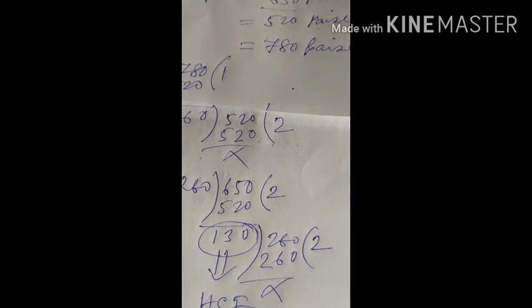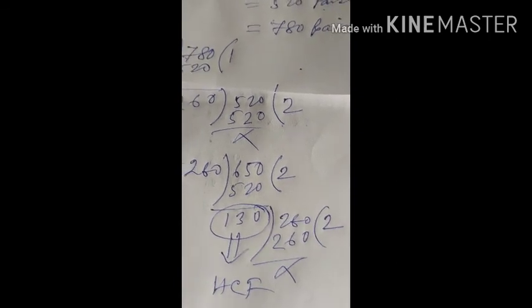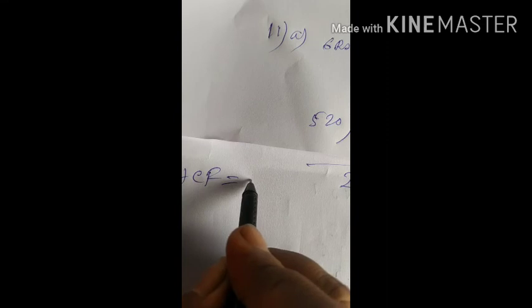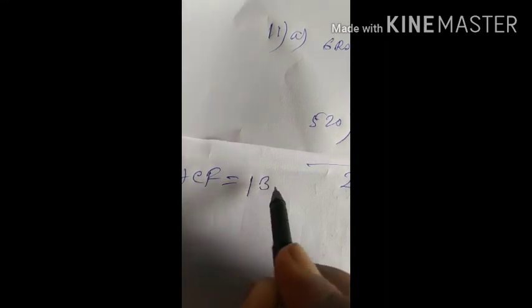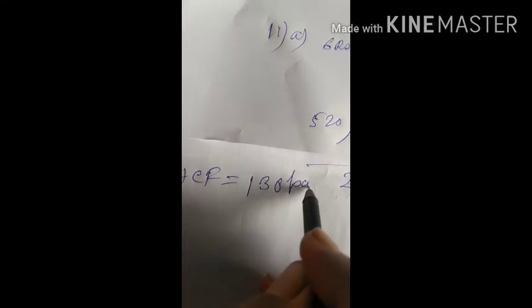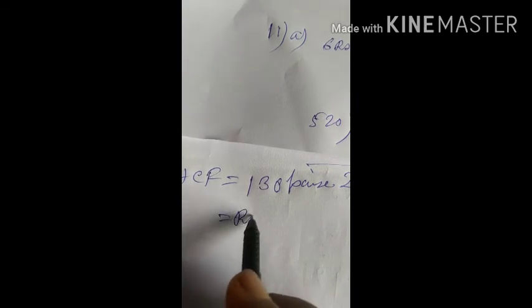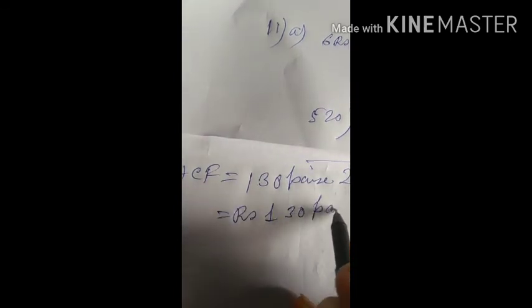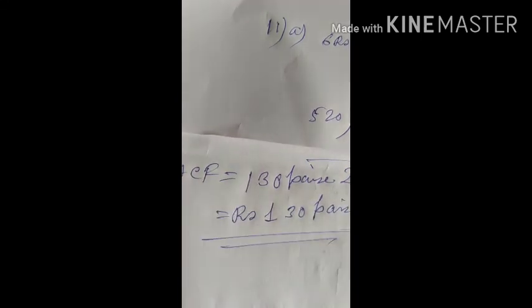Okay, so the HCF of these numbers will be 130 paise. It can be written as rupees 1 and 30 paise. This is the HCF.